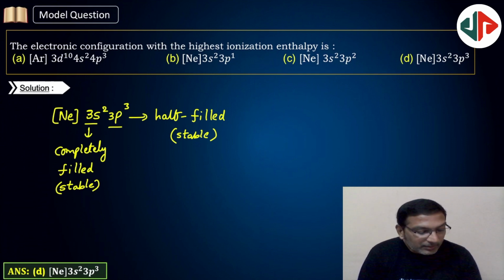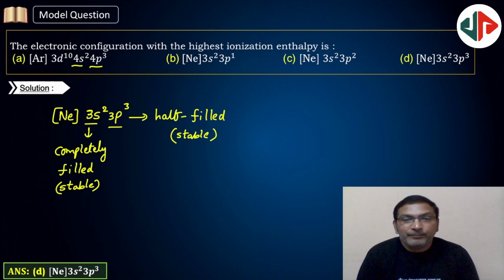So here observe option A also. This is also completely filled 4s2 and 4p3 also half filled. So A is also stable, but when compared to C, A is less stable. Why? Because in C option, third shell is present. In A option, fourth shell is present. Third shell is placed nearer to nucleus. Therefore, nuclear attraction will be more on C option.